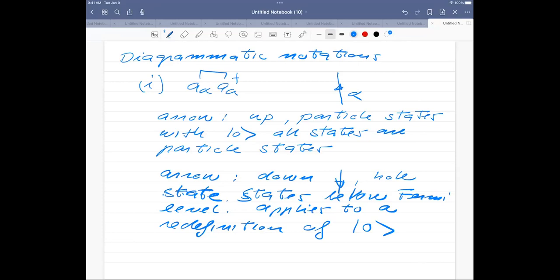Now, for those of you who are familiar with quantum field theory, so how many of you have taken, I know that one of you have taken quantum field theory, two of you. So we are not going to have antiparticles. So in quantum field theory, a state with an arrow down, or the hole state as we will use them, they will typically be given the name of antiparticles.